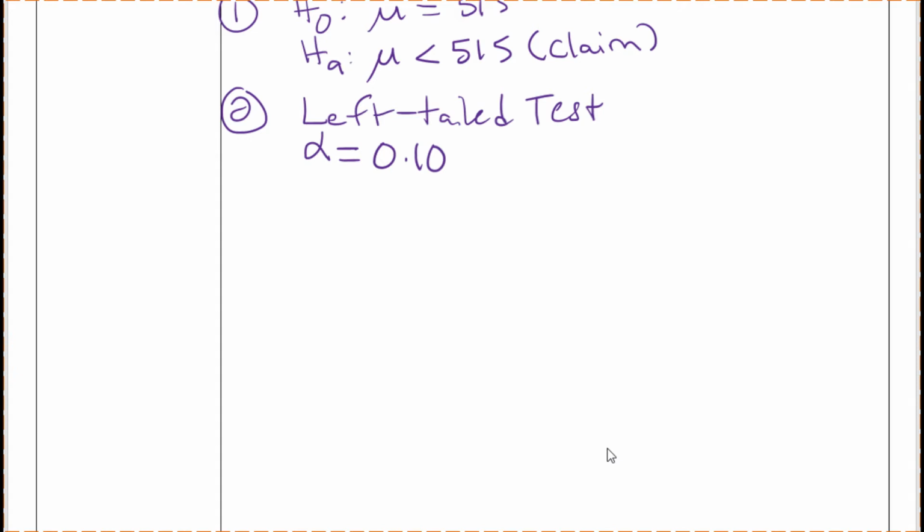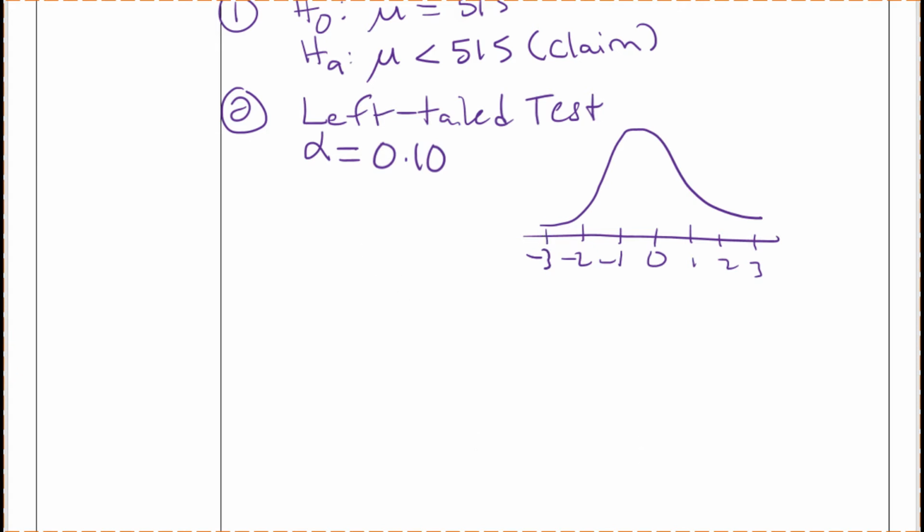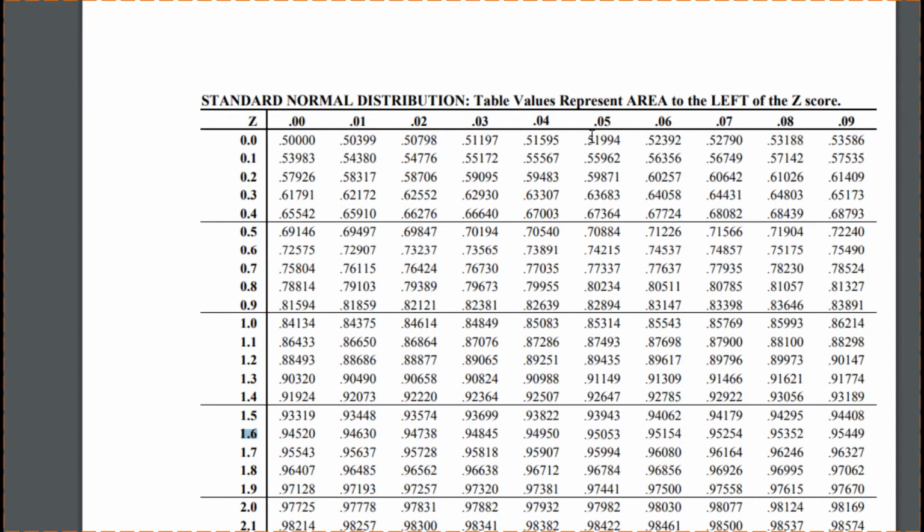So in this example, we have a bell curve as shown. Since we're doing a left-tailed test, I need to find a critical value on the left side, and the z-chart gives you the area on the left side by default, which is why we're using 0.10 as our area. If we go back to the z-chart, it says the table values represent area to the left.